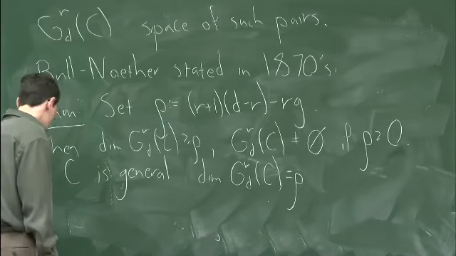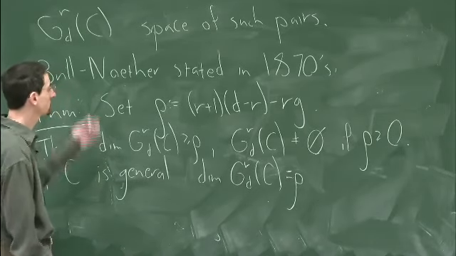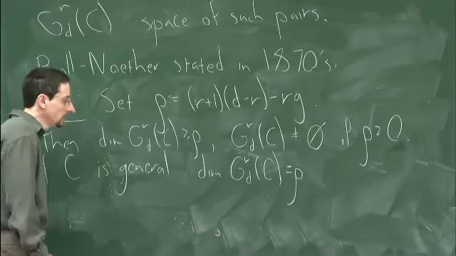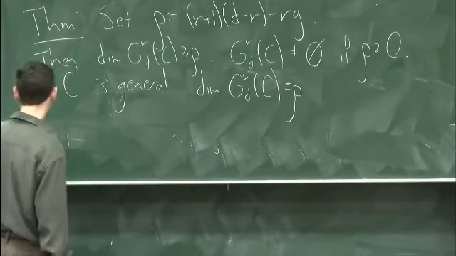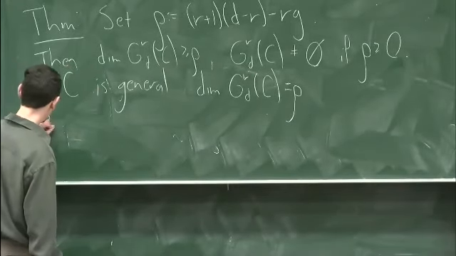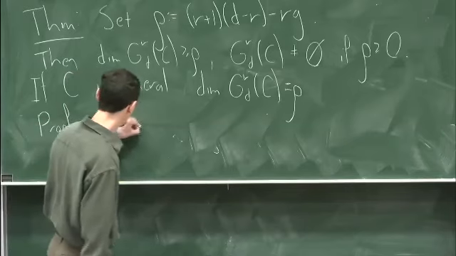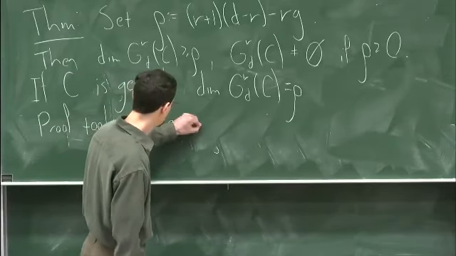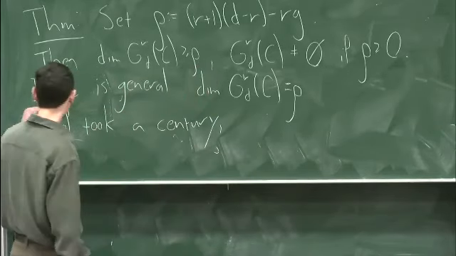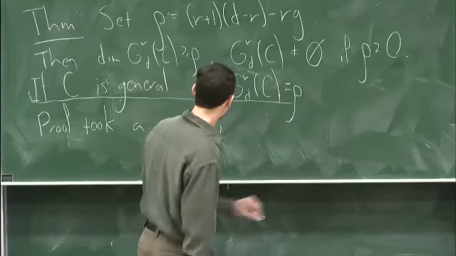So this is the theorem, which again was stated in the 1870s, but the proof really took a century, and many people contributed. This last part was the last part to be proved.